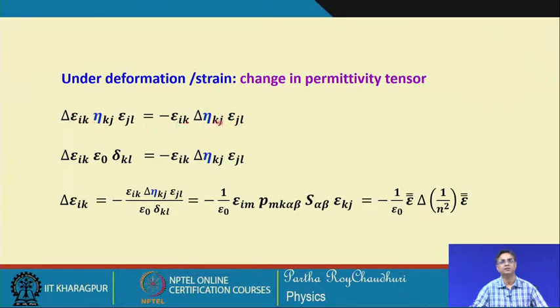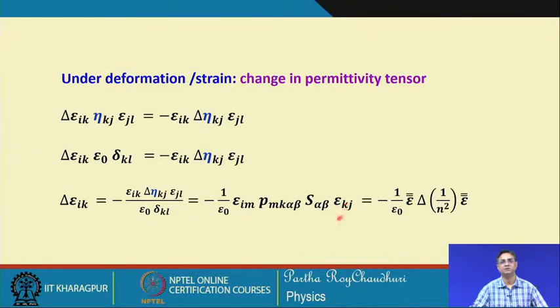If we write in this form, then we can write this in this form, and because this quantity eta k j eta j l can be written as this, therefore delta eta j, this quantity comes to the denominator, and you can write this in the expanded form with all the indices. We can write that epsilon I m, this is the strain optic coefficient tensor, and this is a strain tensor, and this is a permittivity tensor.